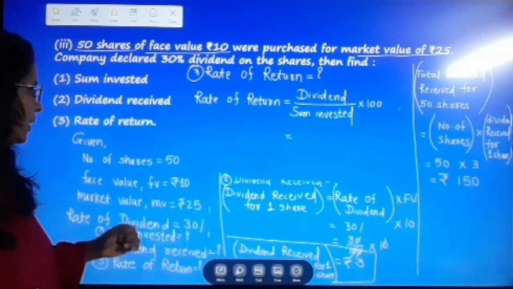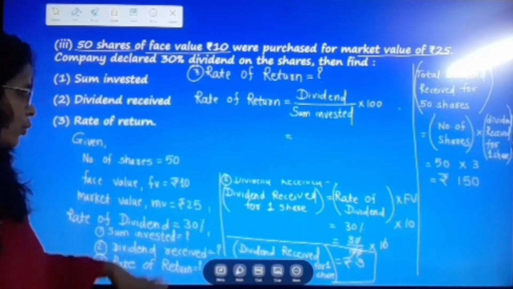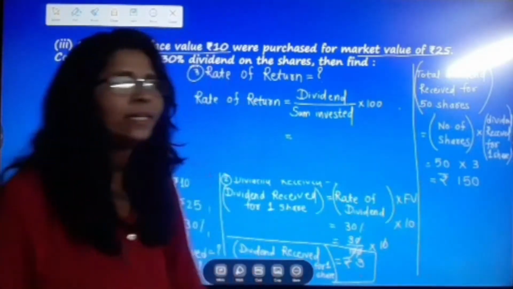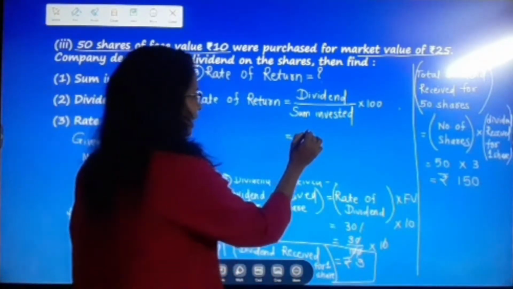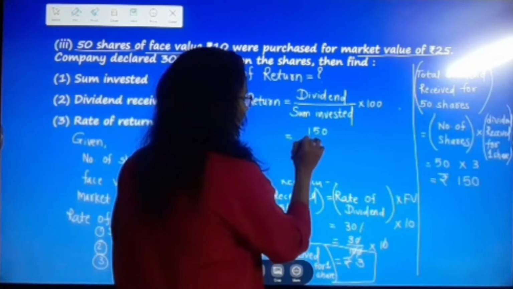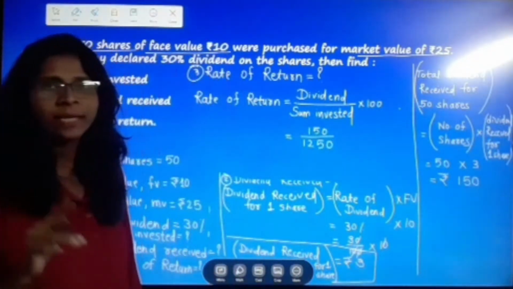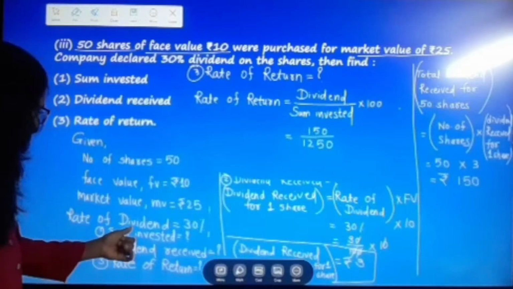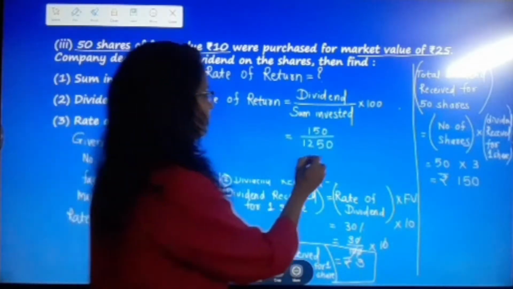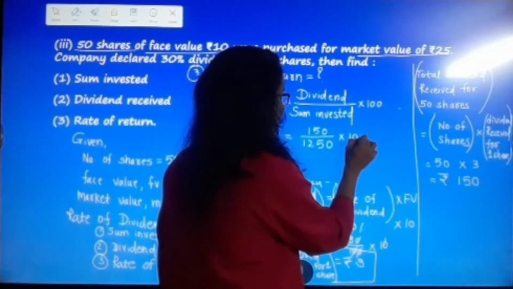So what is the dividend? The dividend is equal to the total dividend, so 150, divided by 1250, the sum invested we calculated in the first example, multiplied by 100.